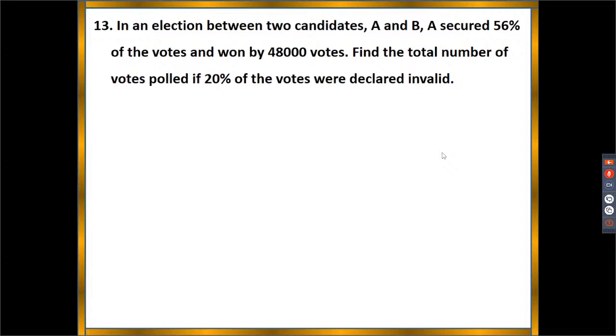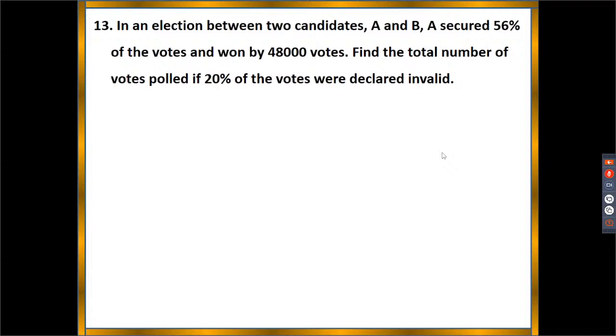Okay, so we don't know what the total number of votes is, but always we have to determine whether the person is winning or not by considering the valid votes.